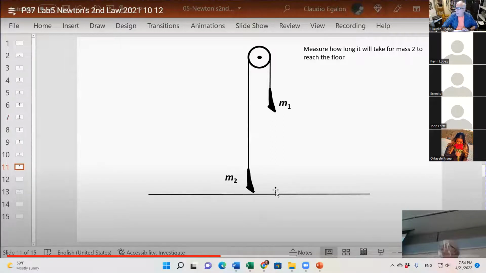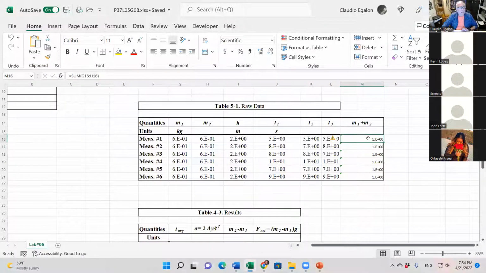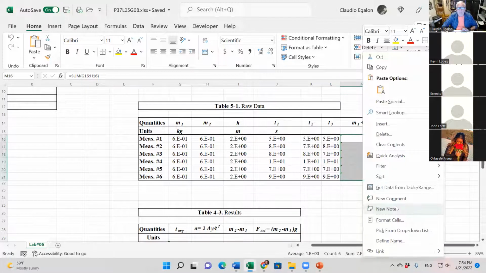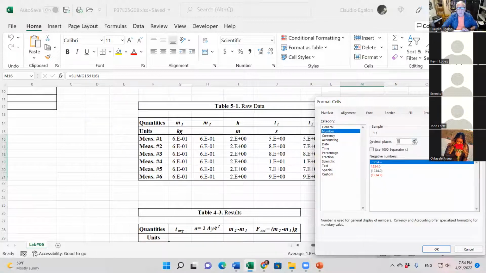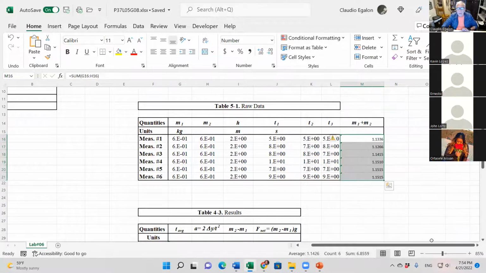If you go in your data right in here, you're going to see that those numbers are very close to each other. Let's take a look. Yeah, there's a slight difference, and there's a reason for that. But the difference is very small, going from 1.12 to 1.15.